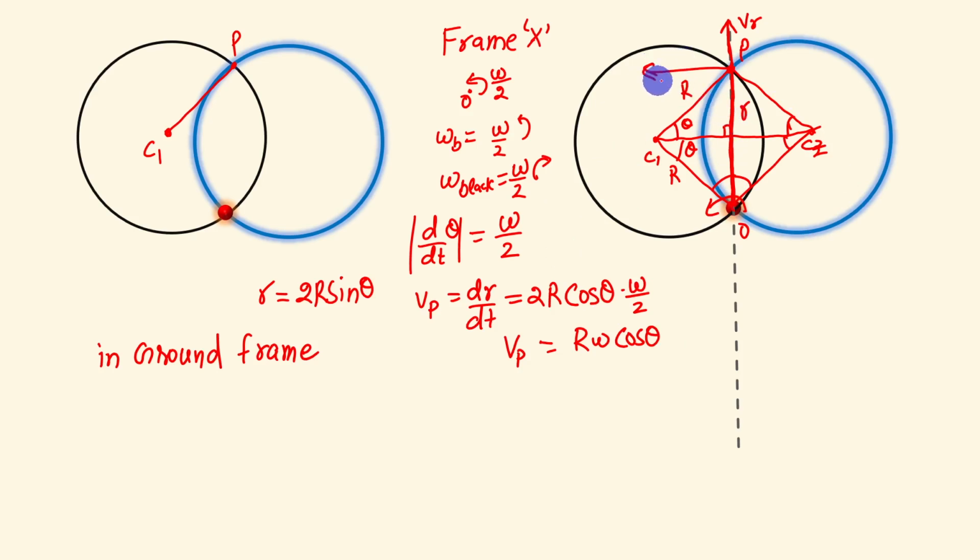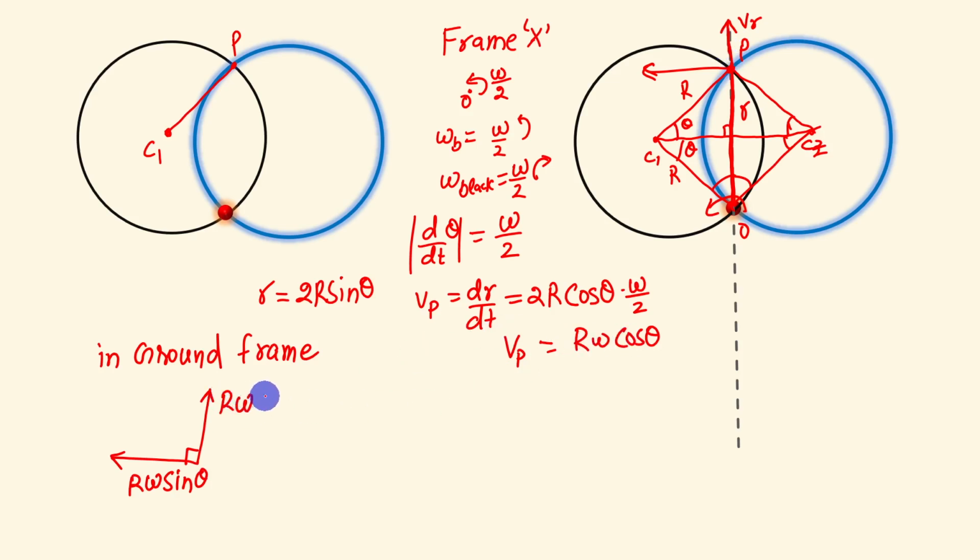So its velocity along this leftward direction is going to be equal to small r multiplied by angular velocity omega by 2, that is the angular velocity of the frame. So small r into omega by 2, how much of that is coming out? The 2 gets cancelled. So this is R omega sin theta.